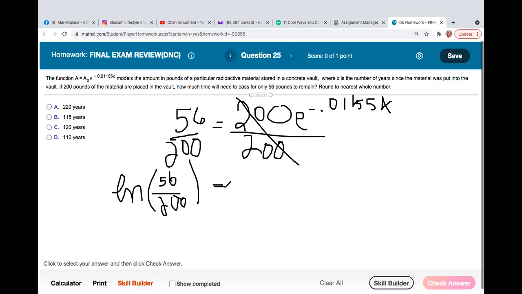And then of course this is gone. So I'm going to take the natural log of e to the negative 0.01155. Now listen well.